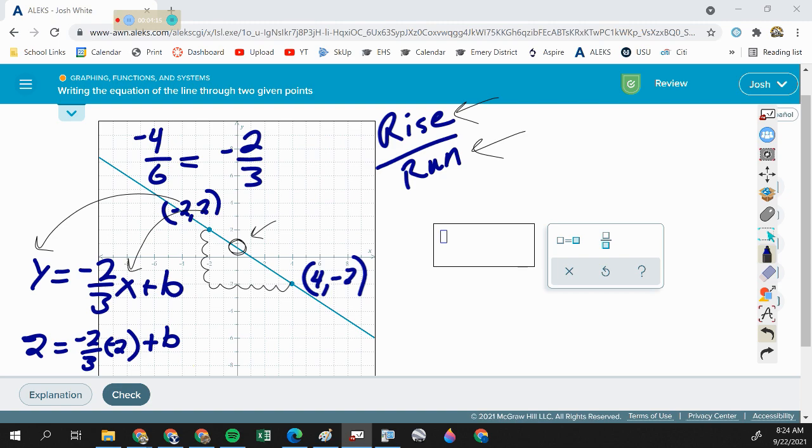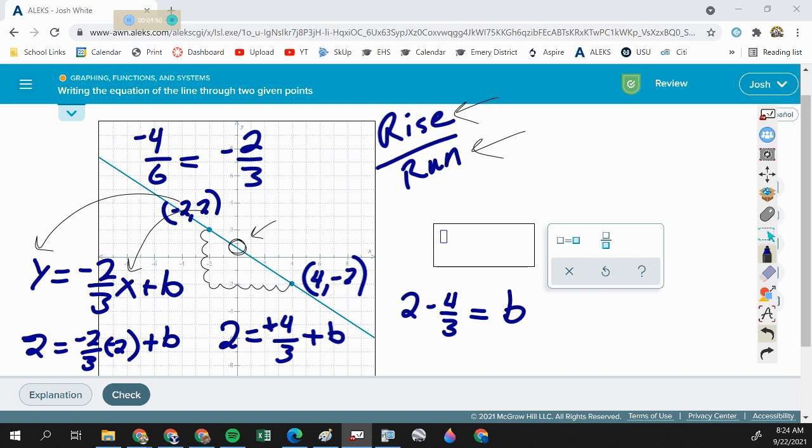Does that make sense? So I get 2 equals positive 4/3 plus b. Then I subtract 4/3, and I get 2 minus 4/3 equals b. How do I add or subtract fractions? You have to have a common denominator.